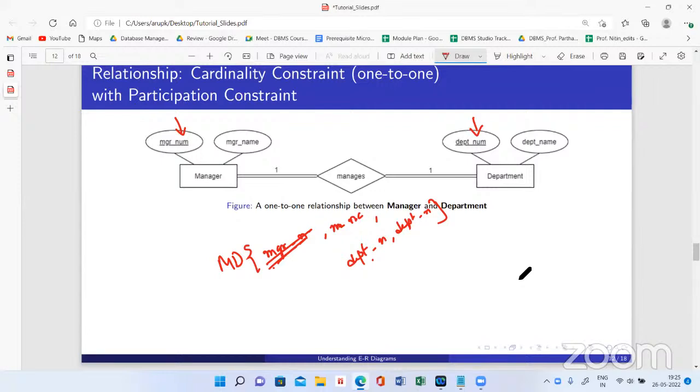Whenever we are designing in a generalized way, our primary objective as far as the database is concerned is to reduce the redundancy so that anomalies could be avoided and the storage space could be saved. That's my primary objective as a database designer. So think of it as a database designer, not from an application development perspective.